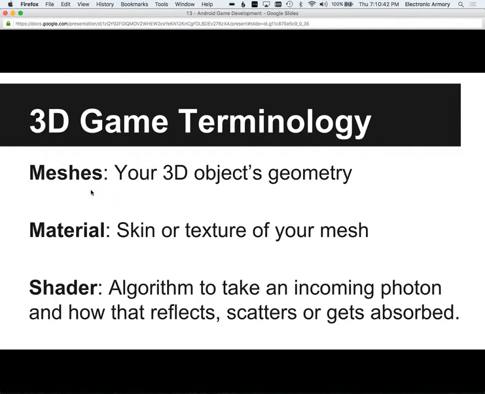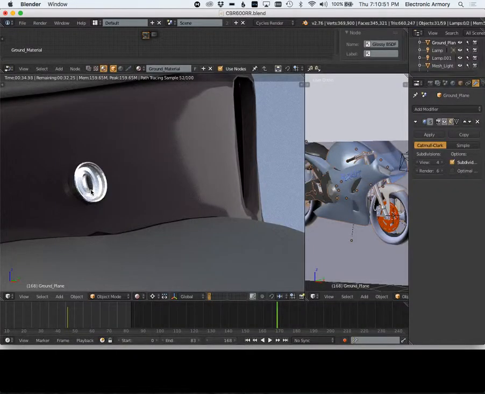And then we have a shader, which is an algorithm that takes an incoming photon and determines how it reflects, scatters, or gets absorbed. So if you go back to our example here, the material has shaders that make it, we have a glossy shader, we have a matte shader, and so we use the glossy shader and a couple of other types of shaders, like a metallic shader, there's probably one in there, to make that metallic looking keyhole.